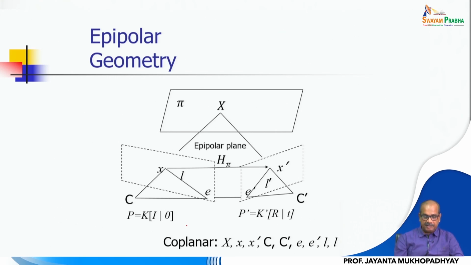Once again, given any arbitrary plane pi, there is a homography for this epipolar configuration with the scene point. This is the epipolar plane and this is the epipolar line of intersection.